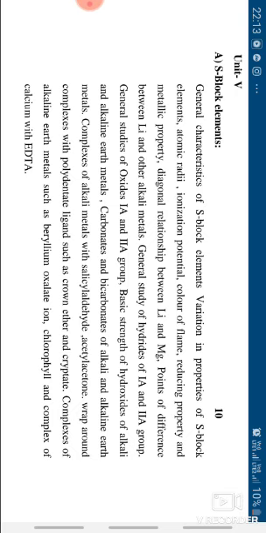Then the carbonates and bicarbonates of alkali and alkaline earth metals. After this, complexes of alkali metals with salicylaldehyde and acetylacetone, complexes with coordinate ligands such as crown ethers and cryptands, complexes of alkaline earth metals such as beryllium, chlorophyll, and the complex of calcium with EDTA.